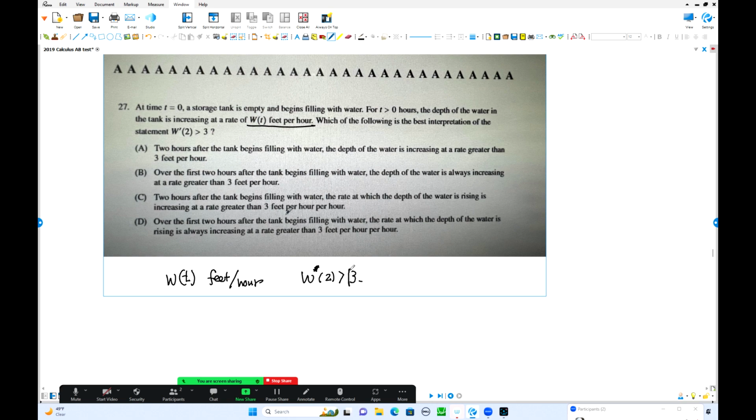If this is greater than 3 over here, prime again means it's a derivative, the rate of the rate again. Another rate again. That is why the unit will be feet per hour, per another hour, okay?